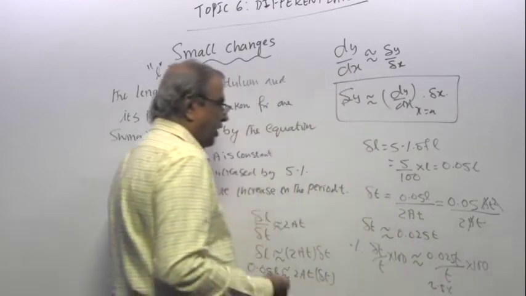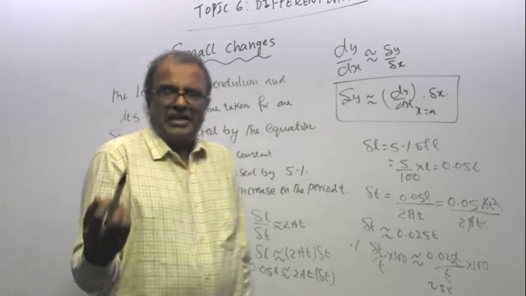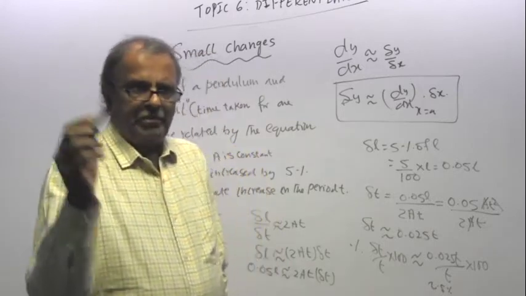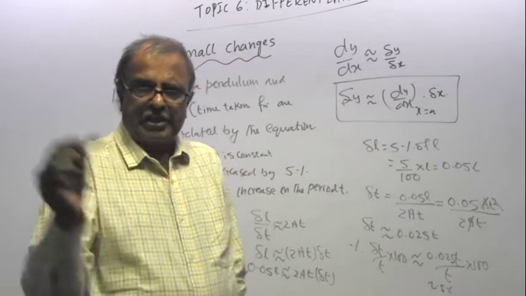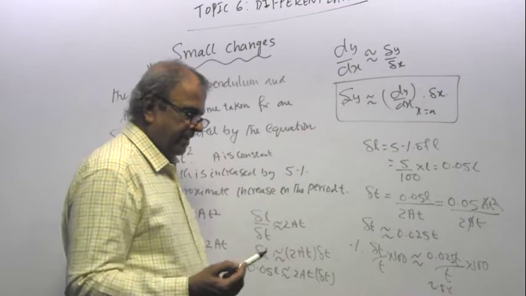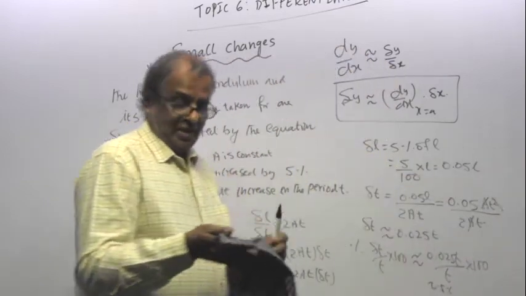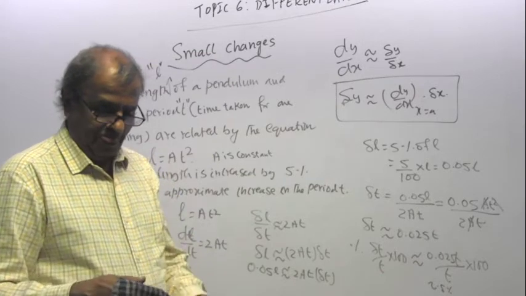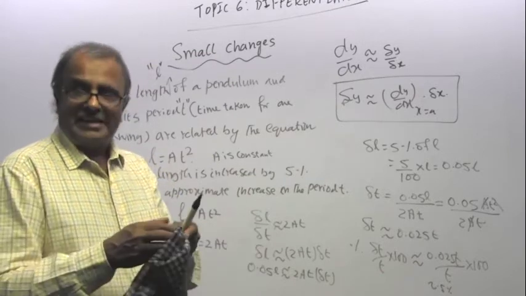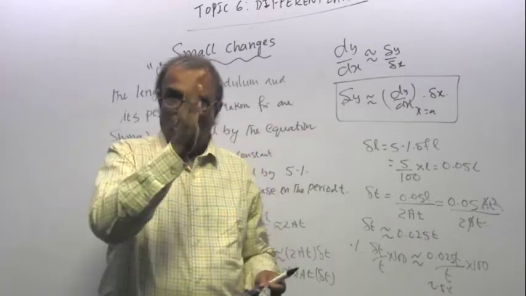That means if you increase the length of the pendulum by 5%, the time taken for an oscillation will increase approximately by 2.5%. These days of course we have digital clocks. In your grandfather's time and my younger days, every house had this pendulum clock.